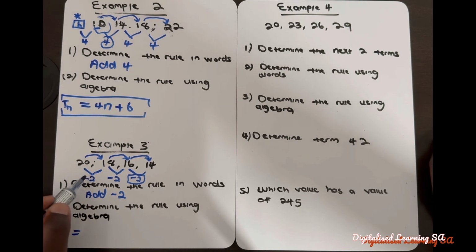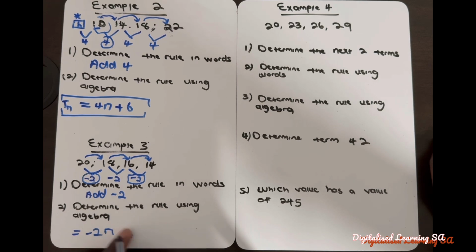So we take this value here, which is -2. So remember to also bring the negative sign, and then you add the n, and then you also need to find the value that came before this 20. In this case we have 22.